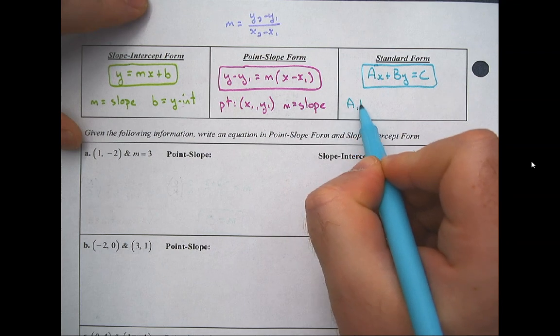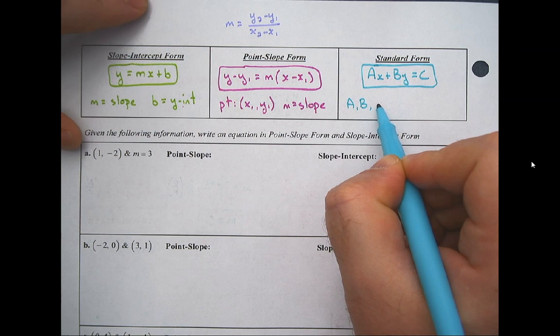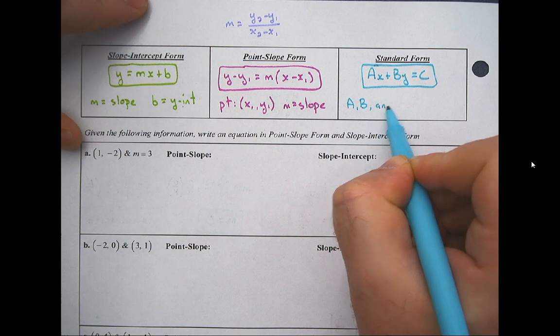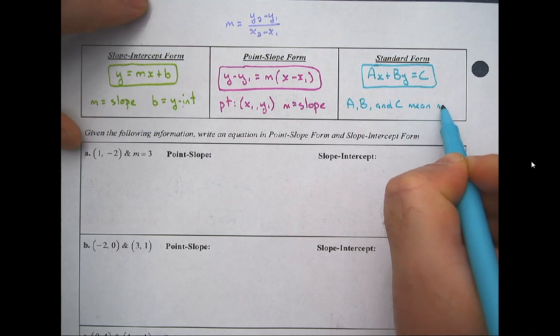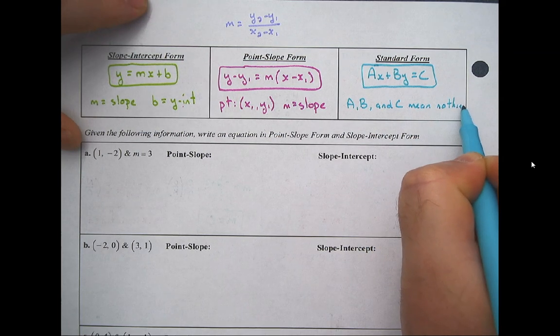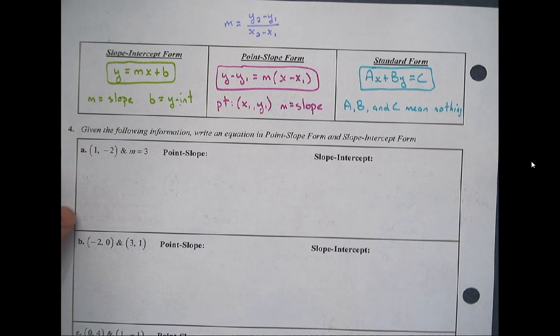A, B, and C mean nothing. So A is not the slope, B is not the y-intercept, C is not the y-intercept. A, B, and C don't really stand for anything.